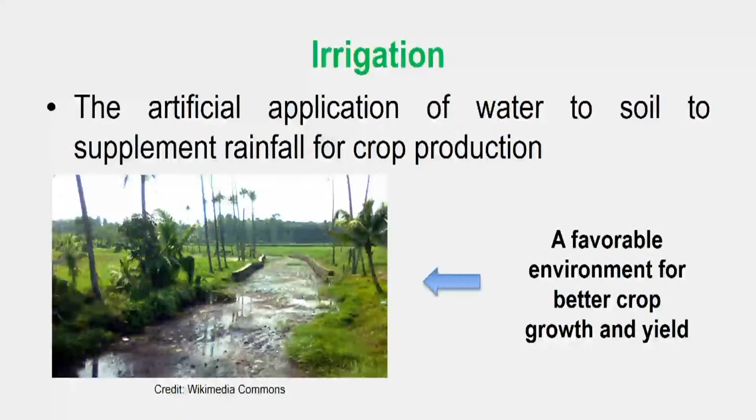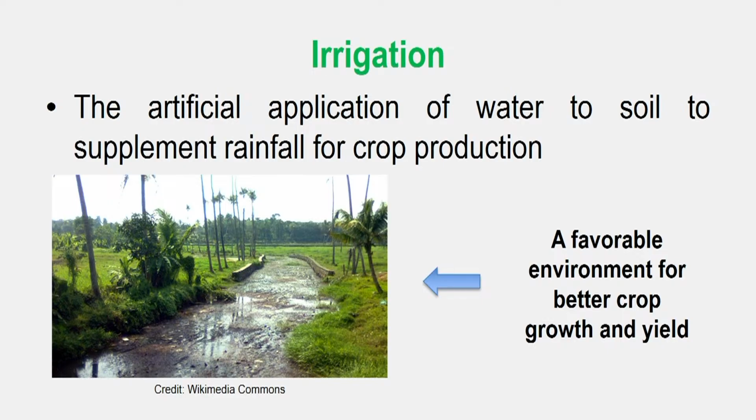So dear learners, now let's discuss what irrigation is. We have understood that as soil water is lost in various ways, when a plant needs water for its growth, there may not be a sufficient amount of water in the soil to support its growth.